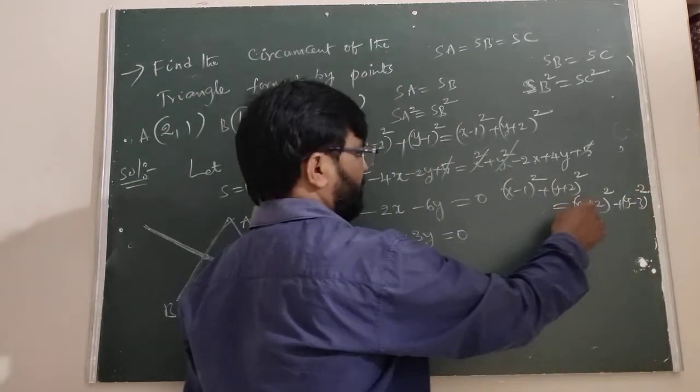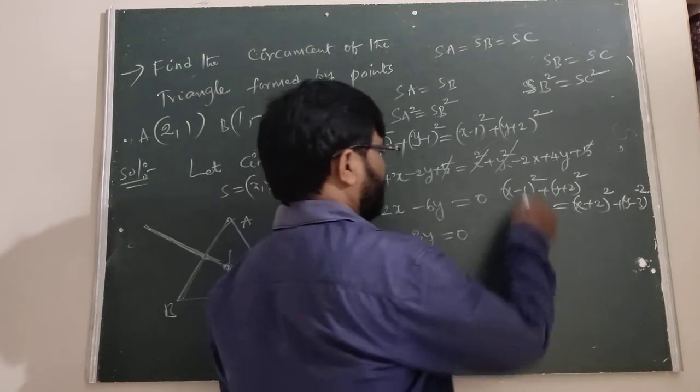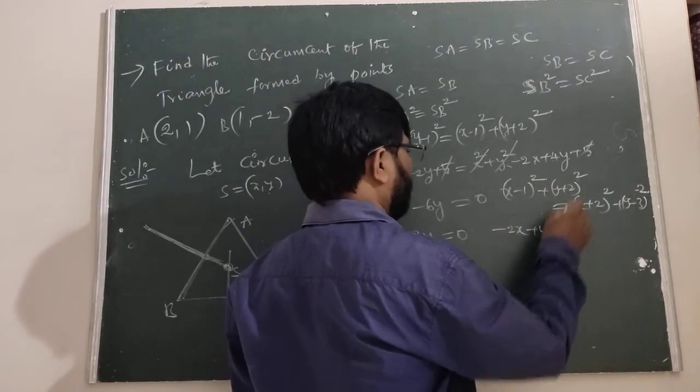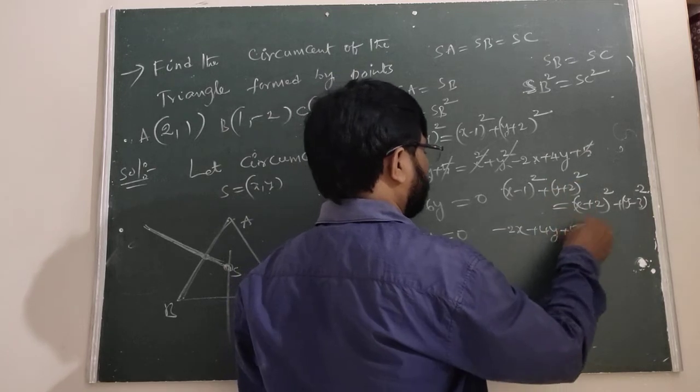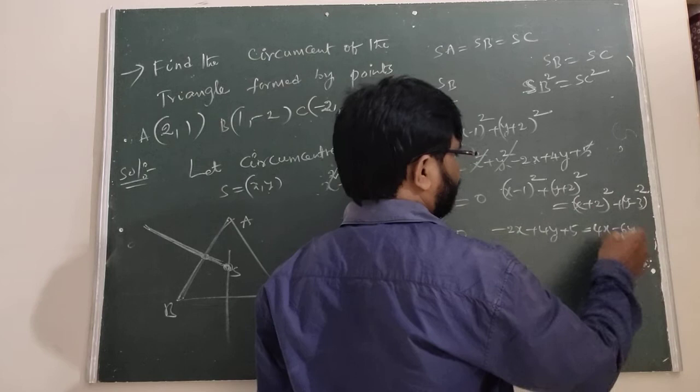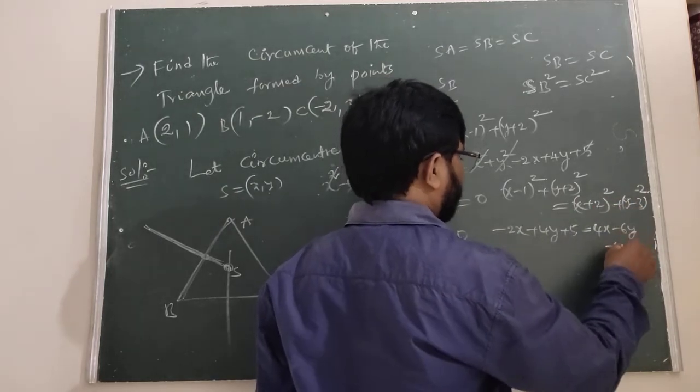Now x square and y square cancel. Now this is minus 2x, this is 4y, 4 plus 1 is 5. Now this is 4x minus 6y, 4 plus 9 is 13.